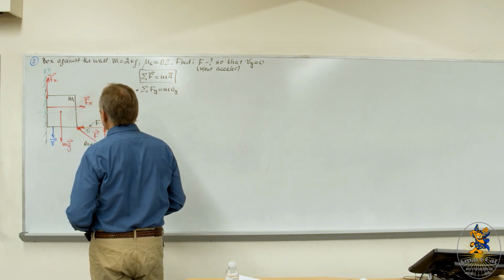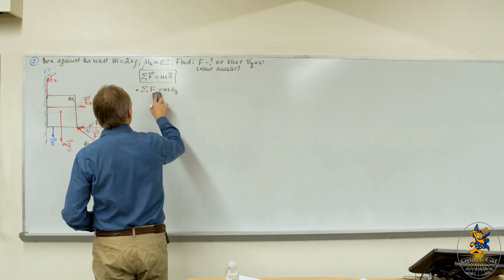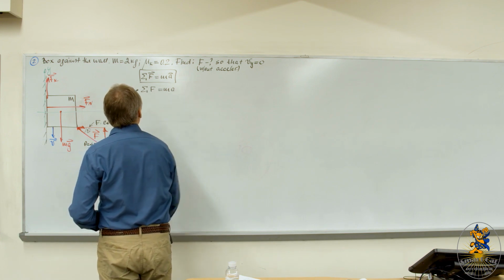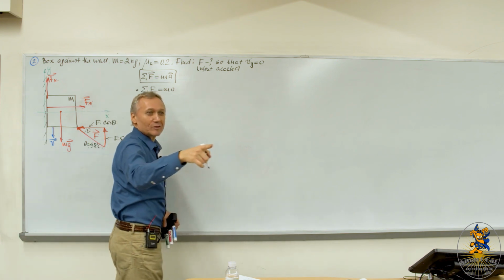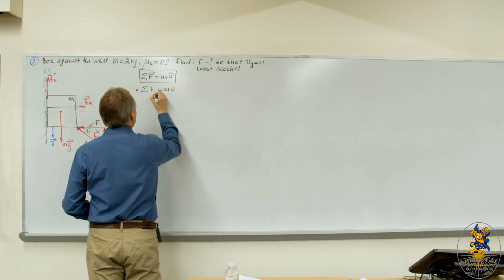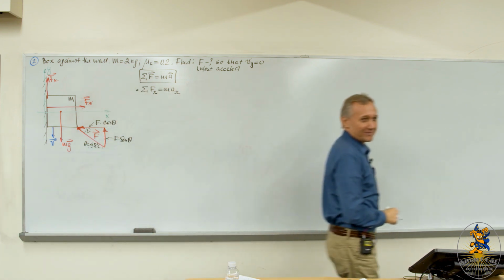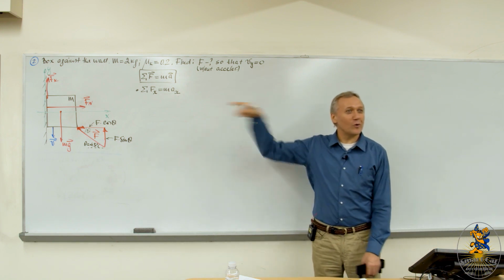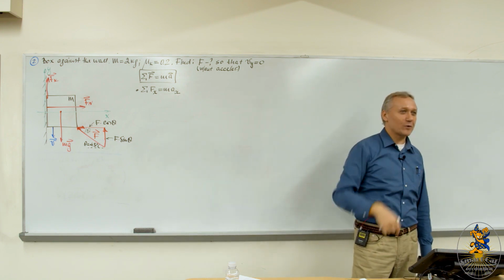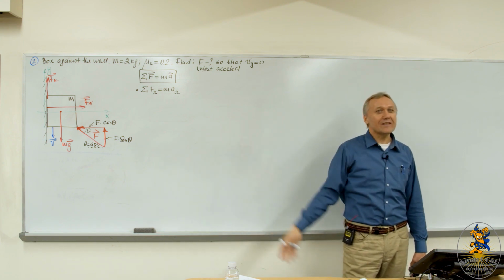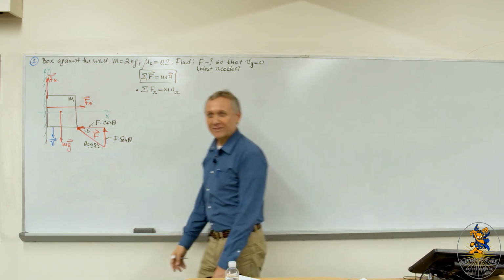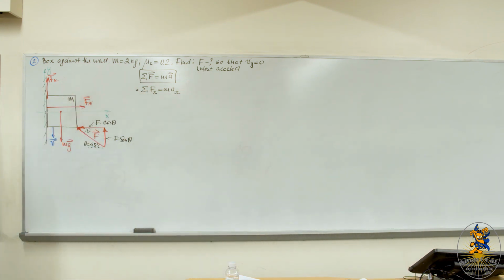No, not y. Sorry guys, let me change my mind. I want to do x, and I think that's what you wanted to tell me. Let me do the x direction first. You understand why? Because I want to find the normal force first, since I will need it to find the friction force.